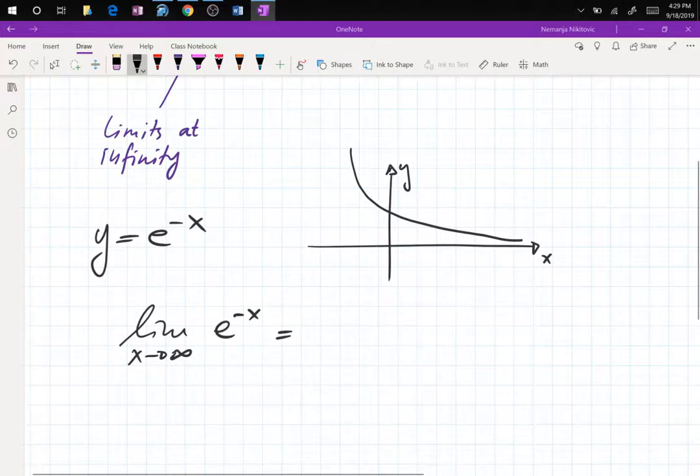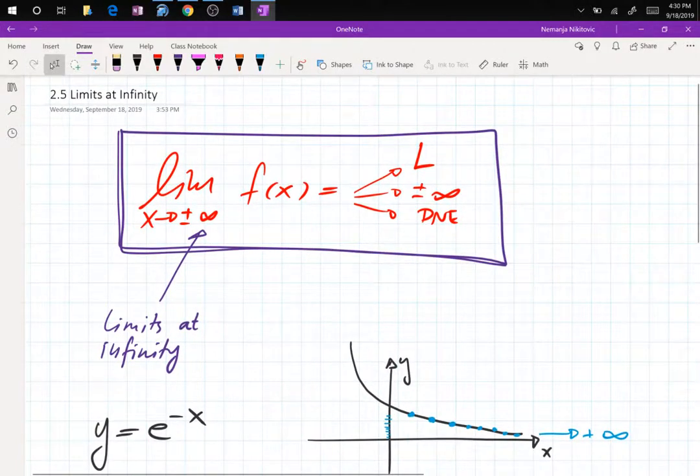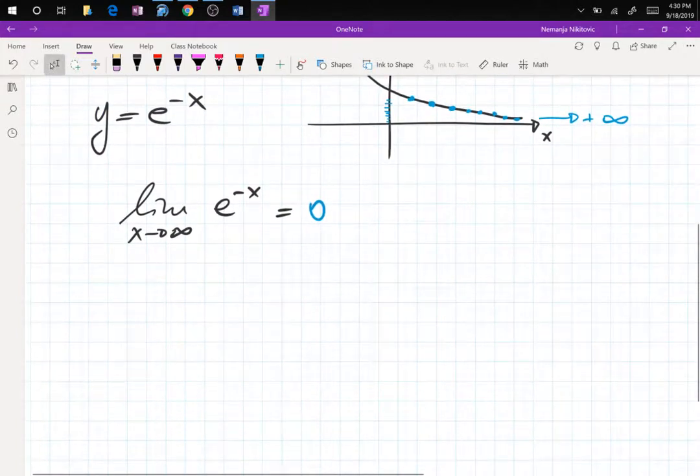As you are going to positive infinity, if you picture a point moving toward positive infinity, you see that the y value keeps dropping down to 0. So as it goes to positive infinity, we have an answer of 0. And that would be the first line, where you get a finite value as the answer.